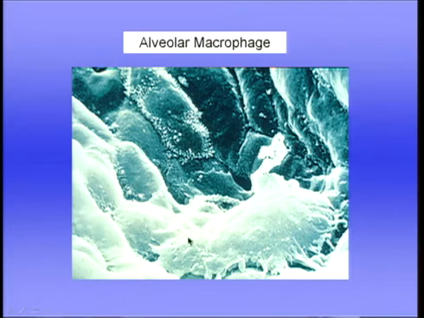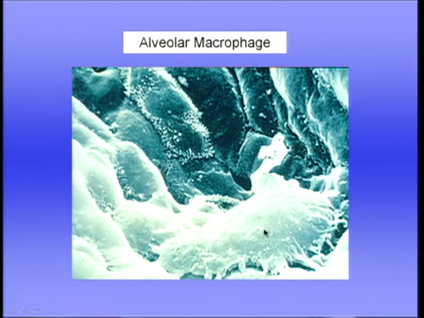The alveolar macrophage is an amoeboid kind of cell. It roams around the surface of the alveoli, puts out pseudopodia, and it engulfs, it phagocytoses anything it comes across that shouldn't be there. It's a very effective way of keeping the alveoli clean.